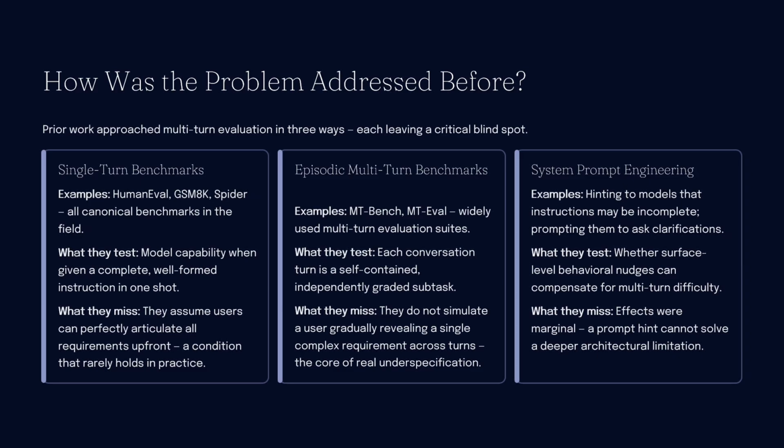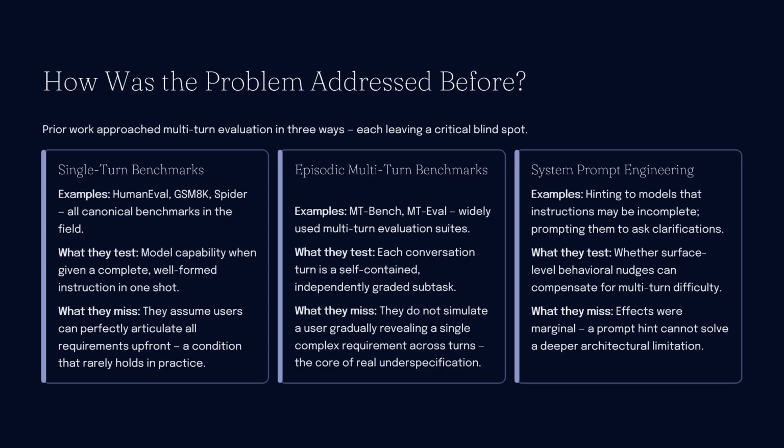Second, episodic multi-turn benchmarks like MT-Bench and MT-Eval. These do use multiple turns, but here's the key problem. Each turn is a completely independent subtask graded on its own. That is fundamentally different from a user gradually revealing one complex requirement. It doesn't simulate underspecification at all.